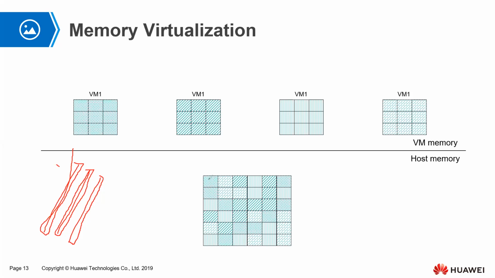And usually it addresses it sequentially. So we have memory address 0, 1, 2, 3, 4, 5, 6, 7, 8, 9, 10, 11, 12, and so on, 13, 14, 15, 16, and 17.